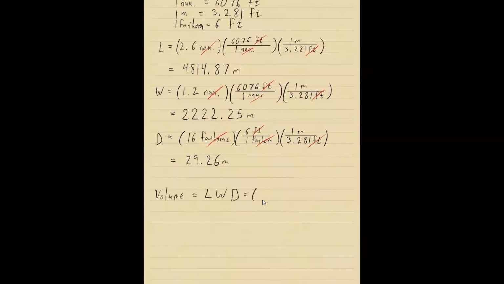So that's our length of 4,814.87 meters times our width of 2,222.25 meters. I have to move this over just slightly. And finally, we multiply by our depth of 29.26 meters.